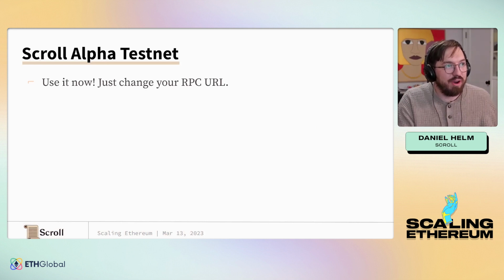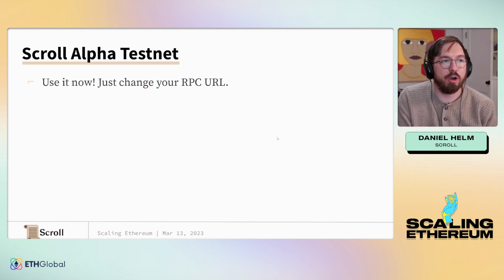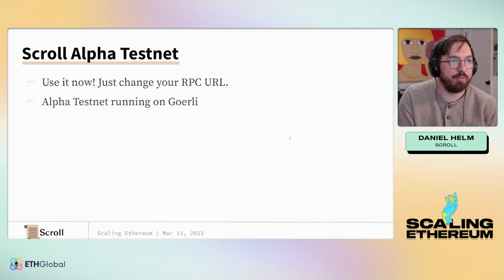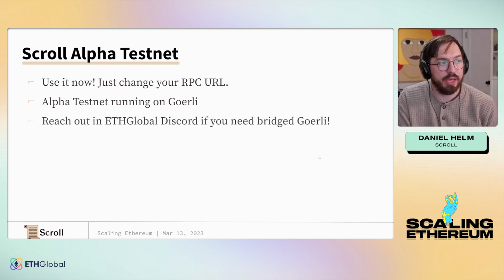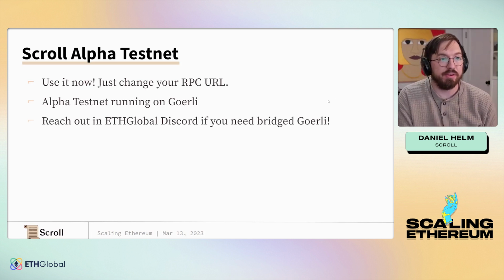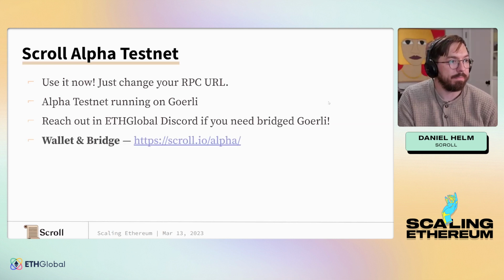As you saw, I used our Uniswap example here, but all it takes is an RPC change to deploy there or to interact with it. It's on top of Goerli, and if you need some bridged Goerli, don't hesitate to reach out in the ETH Global Discord and the Scroll channel and let us know, and we will send you some Goerli.